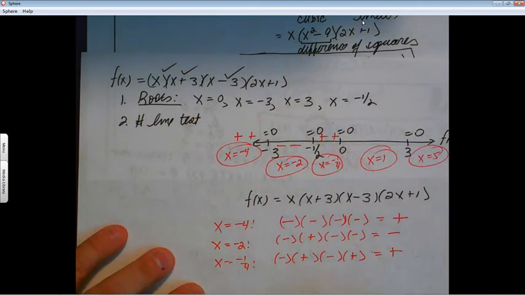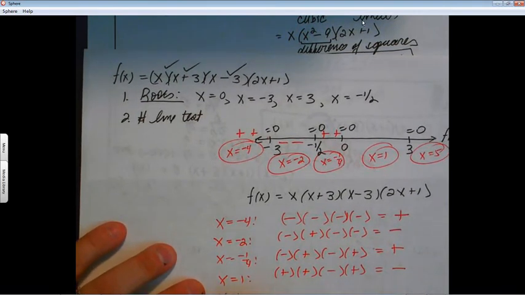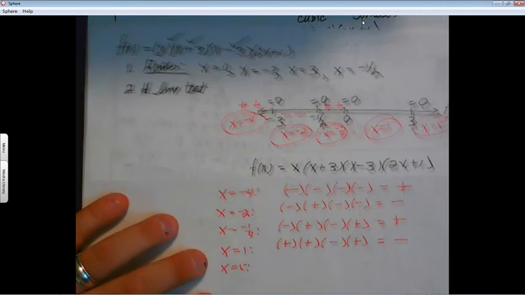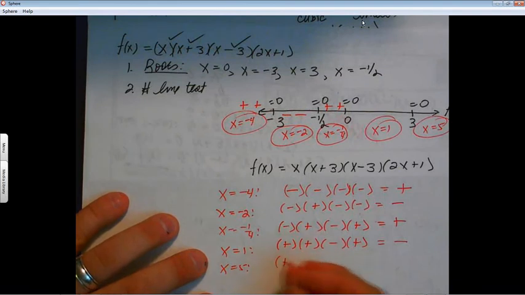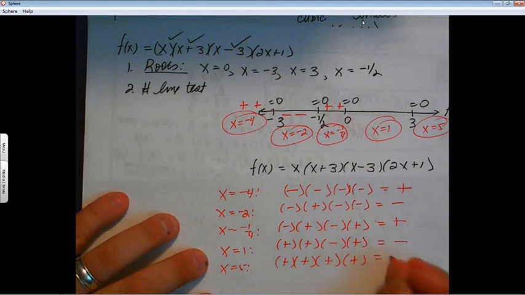Plug in -1/4. Negative. -1/4 plus 3, positive. -1/4 minus 3, negative. 2 times -1/4 is -1/2, plus 1, positive. Negative times positive times negative times positive is positive.